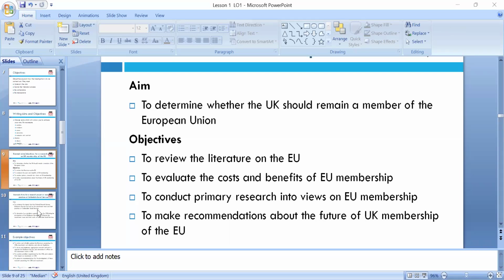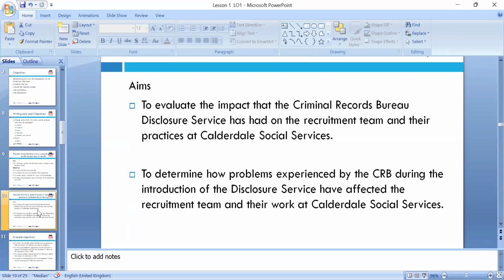Okay, then this is another one. The aim is to evaluate the impact the Criminal Record Bureau disclosure services had on the recruitment team and their practices at Calderdale Social Service. It can be anywhere; it's just a few examples.